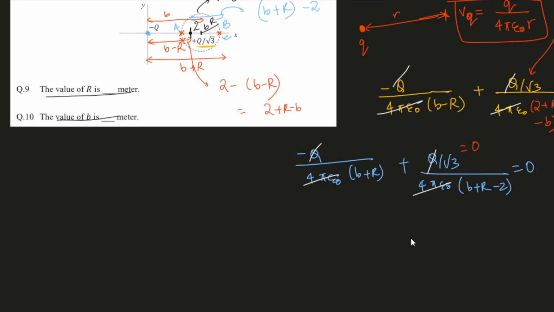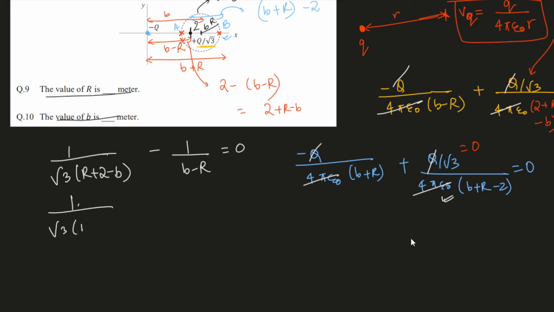Once you do that, you get 1 by square root of 3 times (r plus 2 minus b) minus 1 by (b minus r) equal to 0. And the other equation is 1 by square root of 3 times (b plus r minus 2) minus 1 over (b plus r) equal to 0.